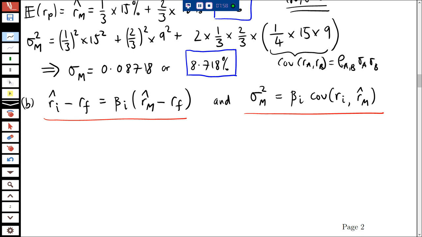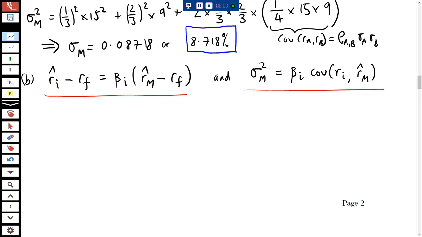So let's calculate, for asset A, the covariance against the market return. Well, we know the market return is the weighted average.